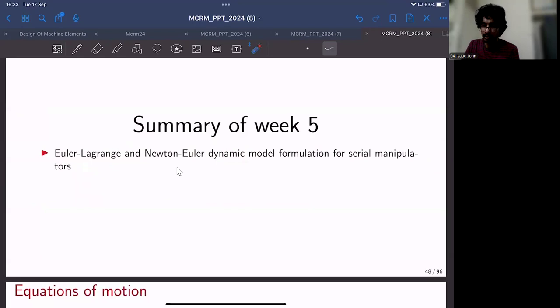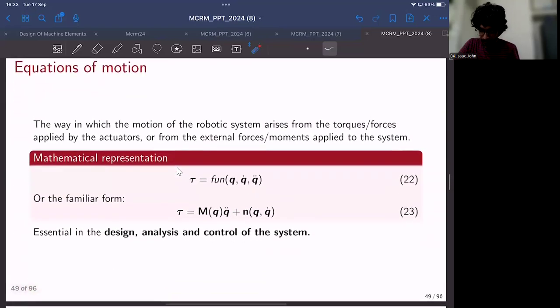formulation. So if your objective is to design the links, you would find the reaction forces to be useful. So if that is the case, then you can use this Newton-Euler scheme. Or if you are not interested in these reaction forces, you are only interested in the actuation torques, you can go ahead with this Euler-Lagrange scheme.